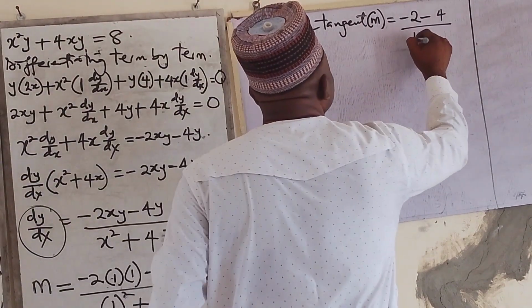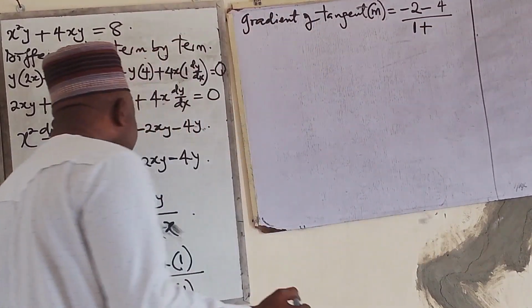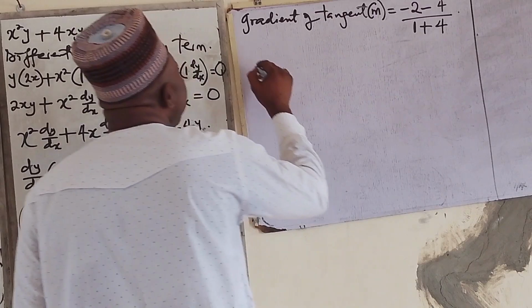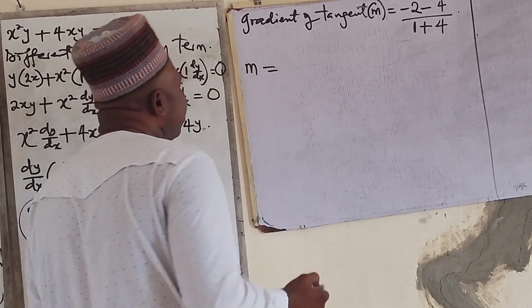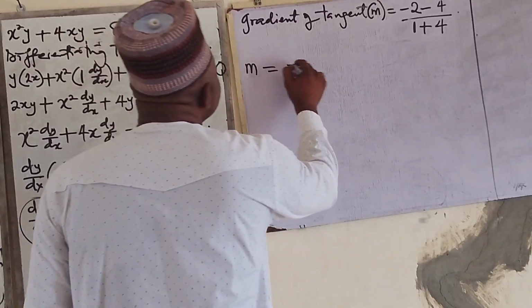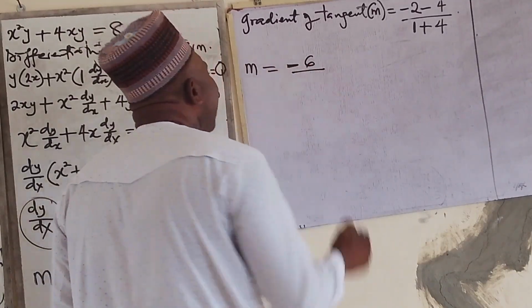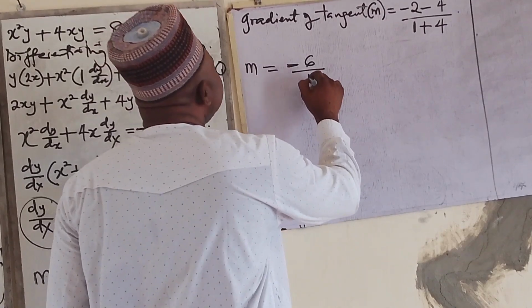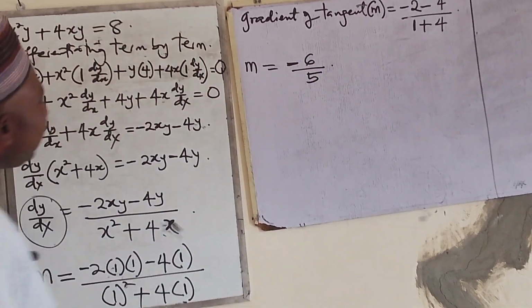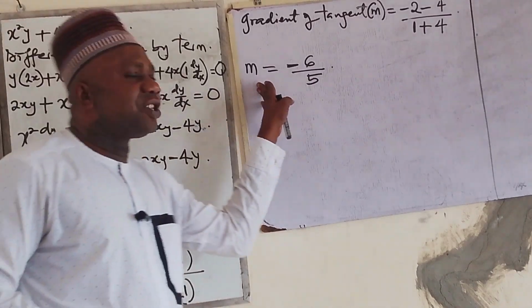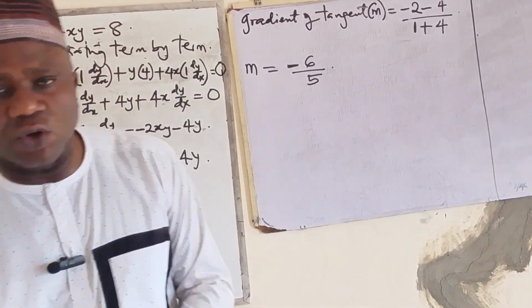So here we have 1 plus 4 times 1, and 4 times 1 is 4. So it therefore means that the value of our m will be equal to minus 2 minus 4 is minus 6, all over 1 plus 4. 1 plus 4 is equal to 5. So the gradient of tangent is equal to minus 6 over 5.